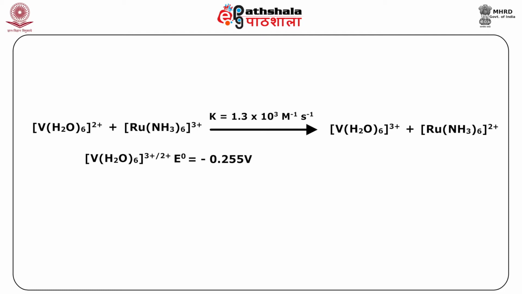So now we are treating one inert complex, that is vanadium hexa water 2 positive complex, with the labile ruthenium hexaamine 3 positive D5 configuration complex, and this time the rate of reaction is 1.3 into 10 to the power 3 mole inverse second inverse. You see, the vanadium has been converted to 3 plus and ruthenium is converted to 2 plus and acquiring D6 configuration.